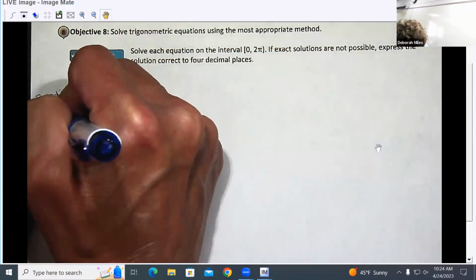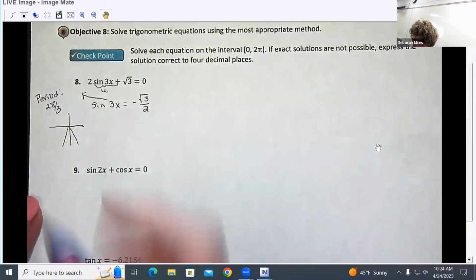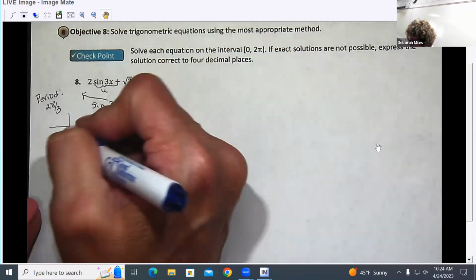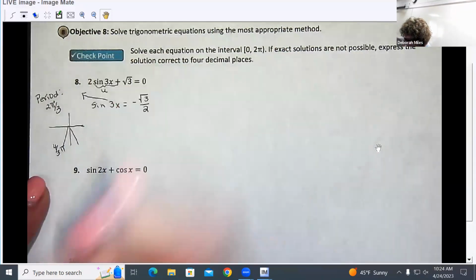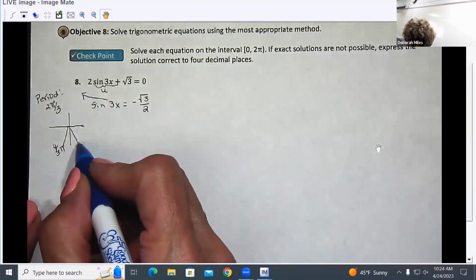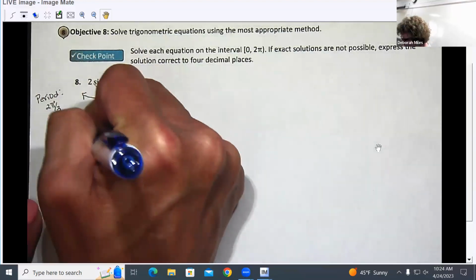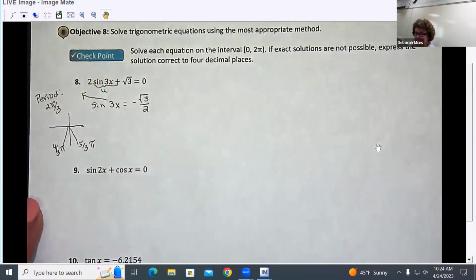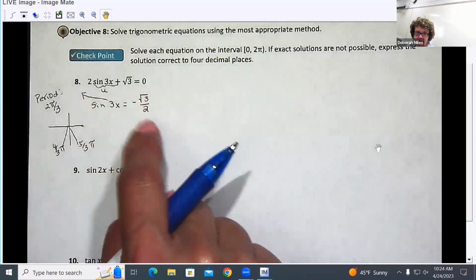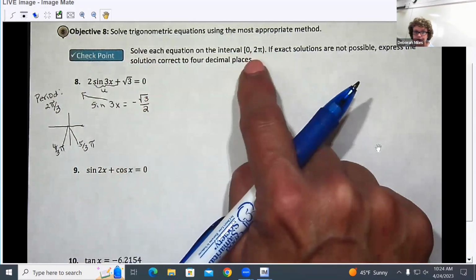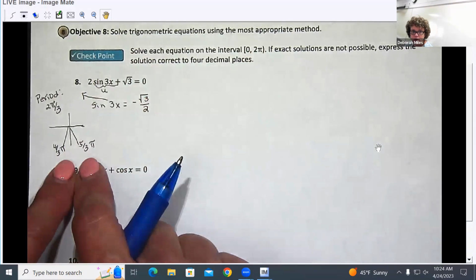So I'm looking for this angle and this angle, being 4/3 pi and 5/3 pi. So if this was just sine of x is negative square root of 3 over 2, and I was looking for answers in one revolution of the unit circle, I would have only these 2 solutions.